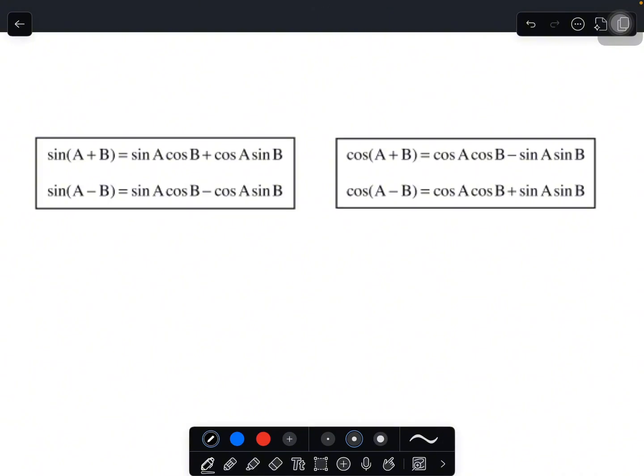Let's say, for example, I had sine x plus y, and I had to expand that.